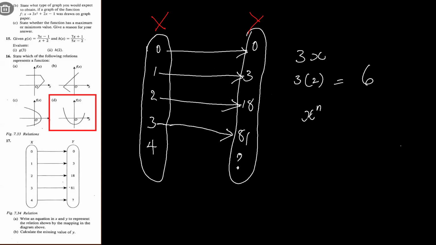So 1 by 0, 1 times 3. It must be a value that you have to multiply by.